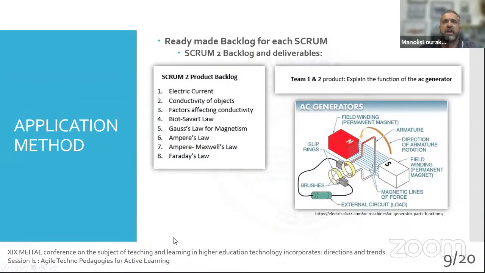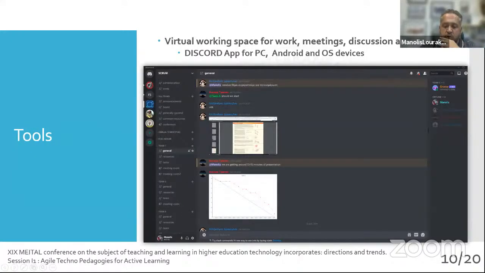For the second Scrum, it was a smaller product backlog, with fewer items but with harder concepts and meanings in physics. And for comparison reasons, we decided both teams would have the same final product: to explain the function of the AC generator.